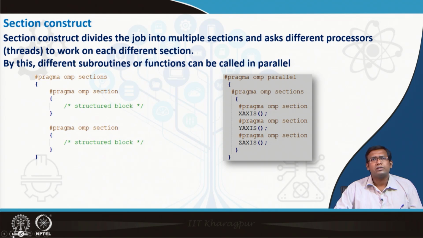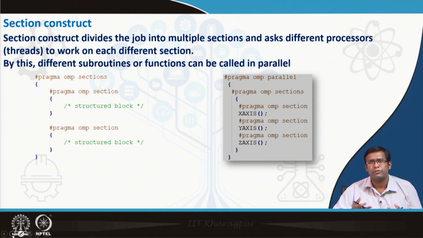The other important construct is the section construct. When there is not a do loop, but there are multiple sections of the job which are independent tasks, they can be assigned to different processors or different threads. So the section construct divides the job into multiple sections and asks different processors to work on different sections, and therefore different subroutines or functions can be called in parallel.